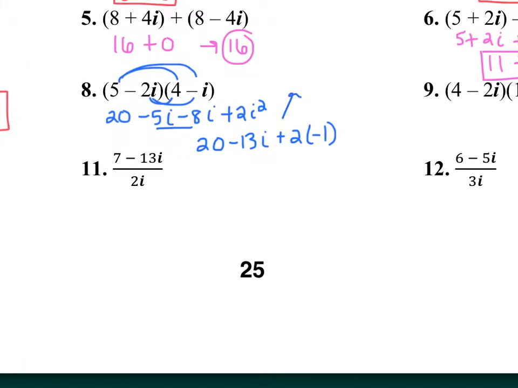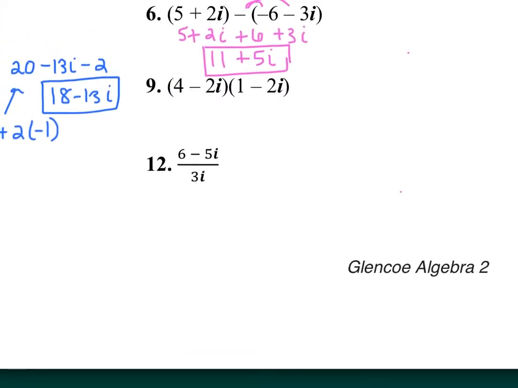So it will be 20 minus 13i, and then minus 2, this is 2 times negative 1, and then combine like terms. 20 minus 2 is 18, so it's not negative 18 though. Positive 18 minus 13i, so A is 18 and B is negative 13, and it has to be in that order. All of these have to be in the order that I put them in.